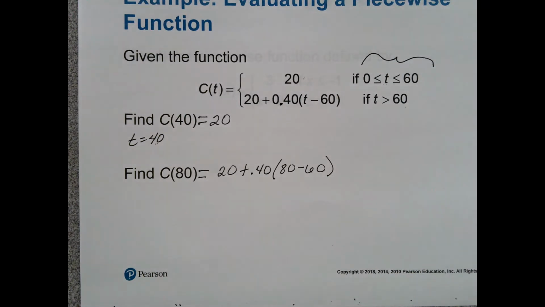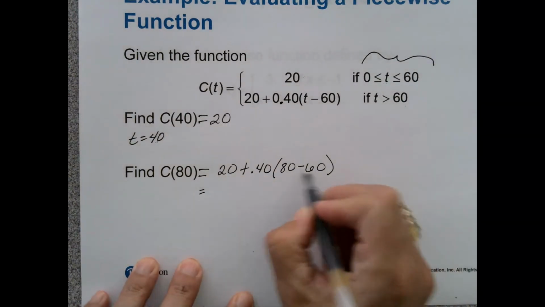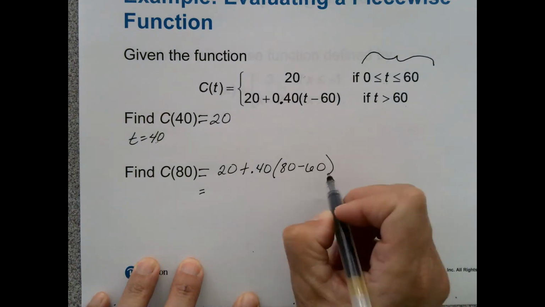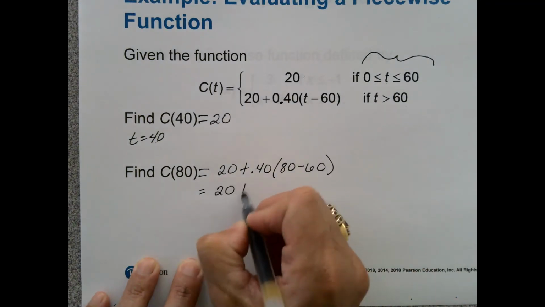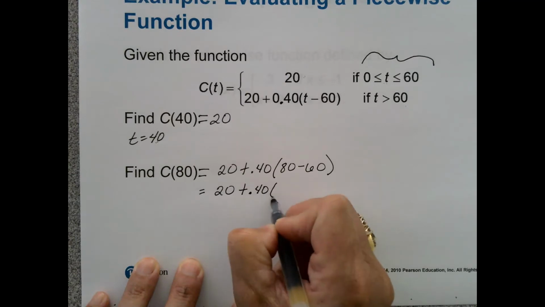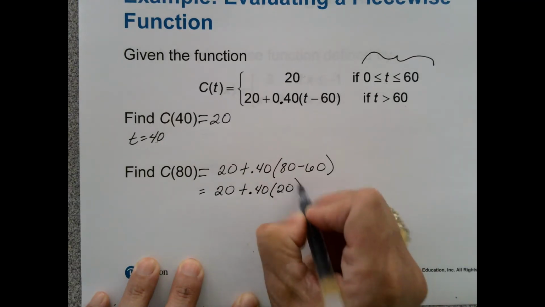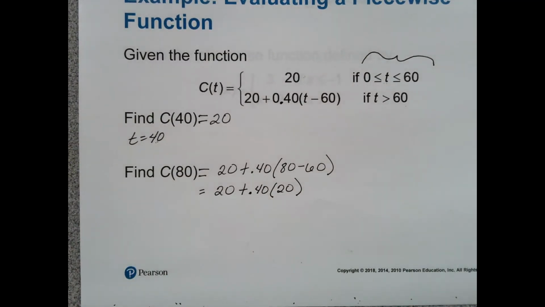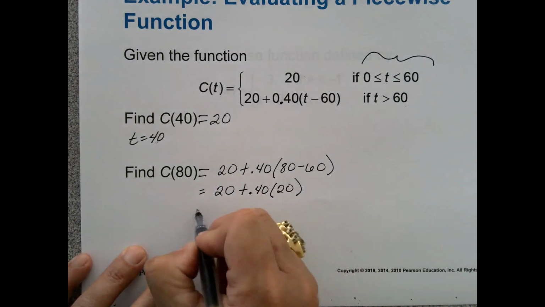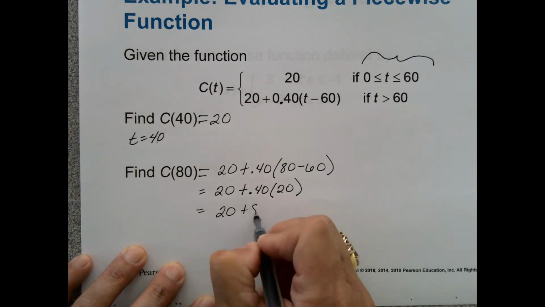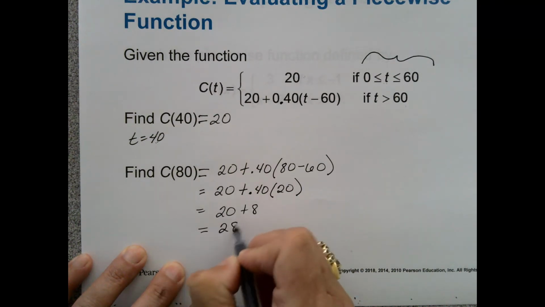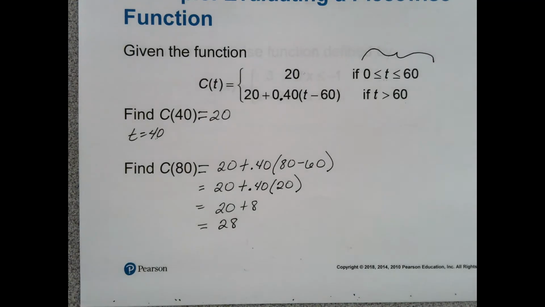So then we just work through. Remember, please excuse my dear Aunt Sally, I'm going to work inside the parentheses first. So this is 20 plus 0.40 times 80 minus 60, which is 20. Now I multiply. 0.4 times 20, that's just 8. And then I finally add to see that C of 80 will be 28. Any questions on C of 40 or C of 80?